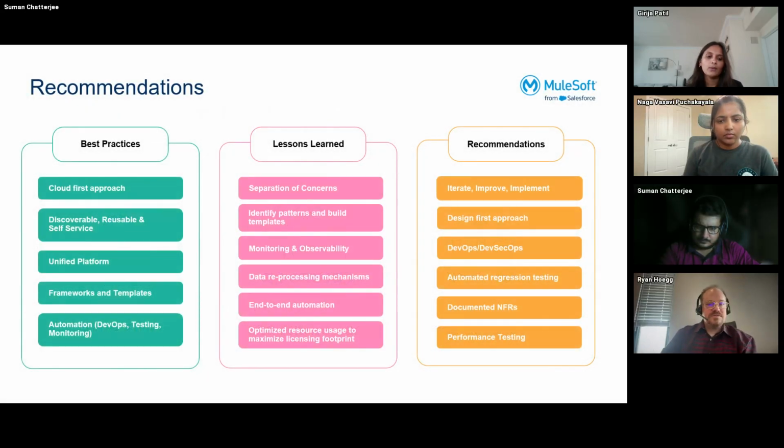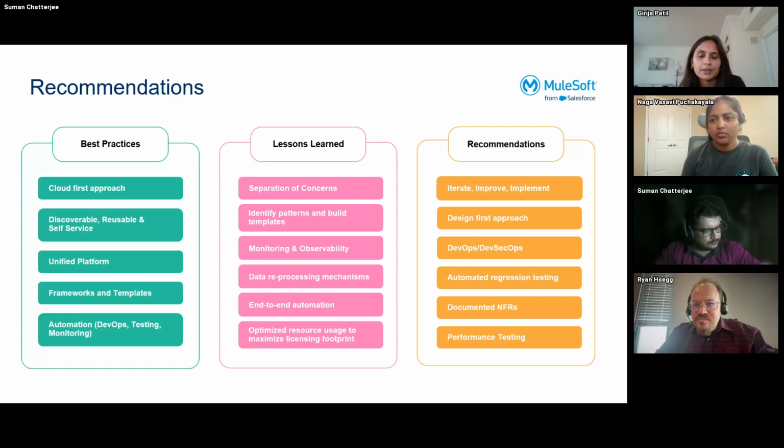Okay. Now, with all that having said, how we do what we do, there are certain recommendations that we would like to share with you, which we learned during these migration projects that we delivered. Firstly, identifying the patterns and building the templates.